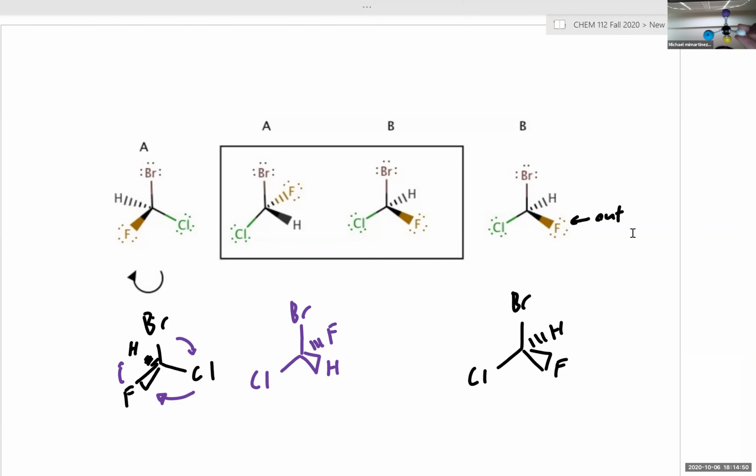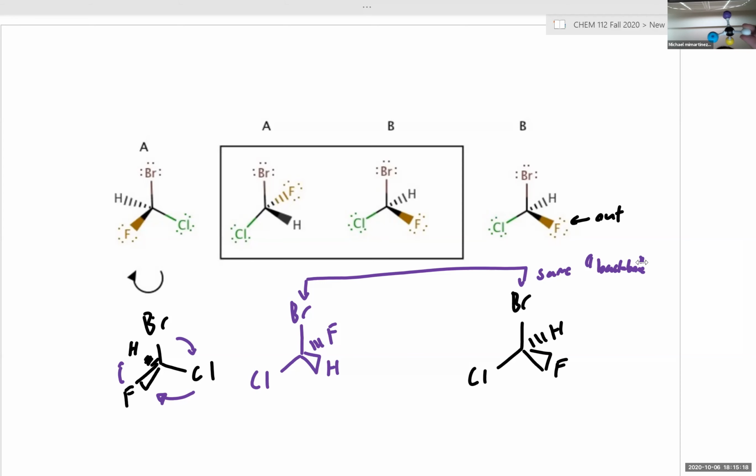Okay. Now, for comparison, it's really important that you want the same quote unquote backbone. So you want to make sure that your flat substituents, your substituents that are in the plane of the page, are pointing in the same direction.